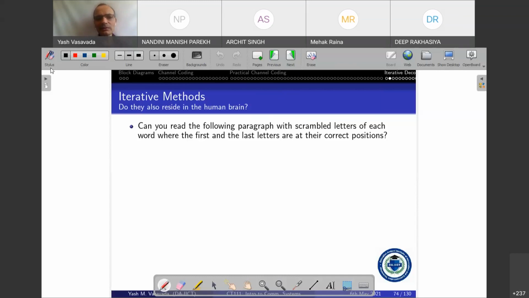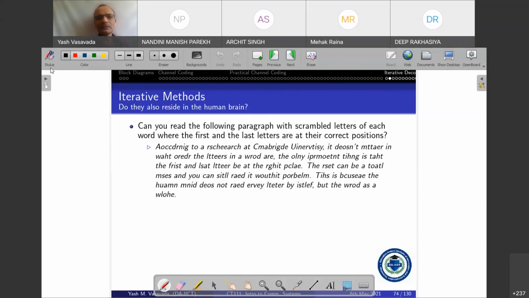So I'll give you one example. This is a paragraph that is really messed up in terms of the spellings. Each and every word has wrong spelling, but most of you would have no difficulty in reading this paragraph.